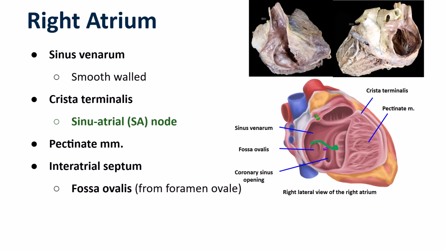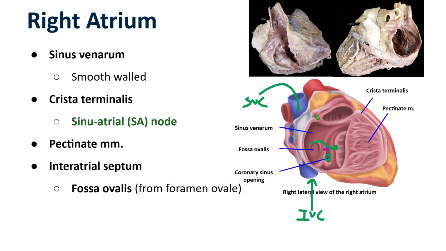The right atrium receives blood from the systemic loop through two major conduits, the superior vena cava and the inferior vena cava. It also receives blood from coronary circulation, or from the coronary sinus, that is, from the myocardium of the heart.